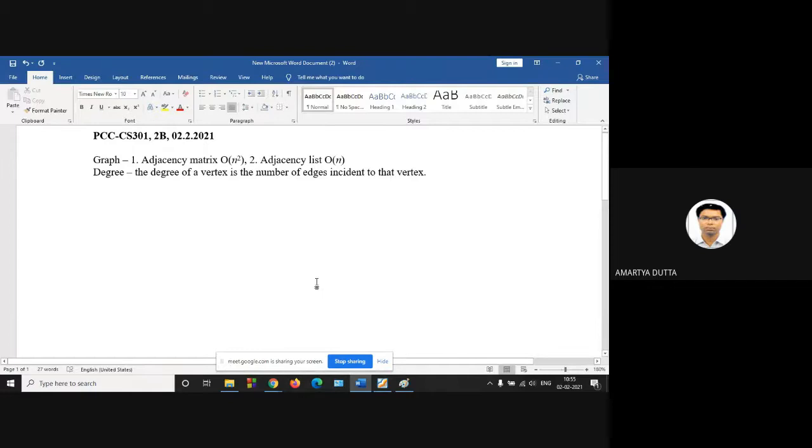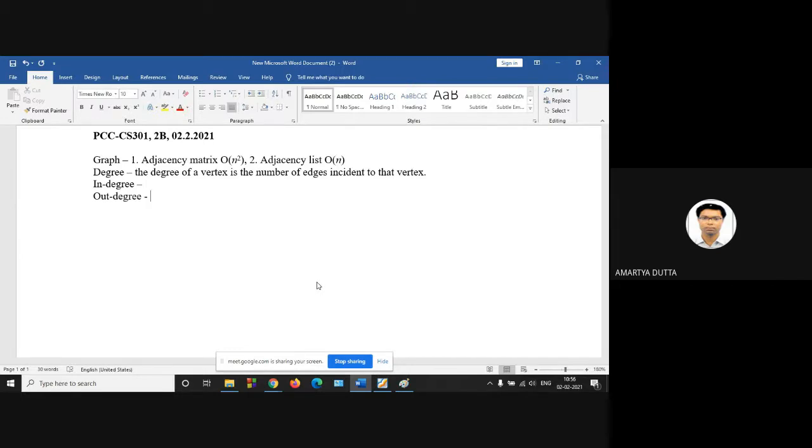So what do you mean by in degree and out degree? It can be defined only in directed graphs, digraphs.